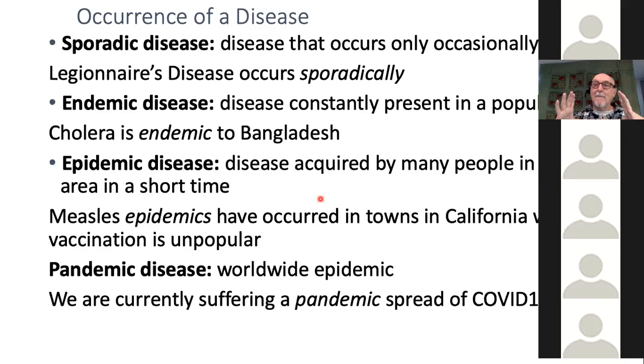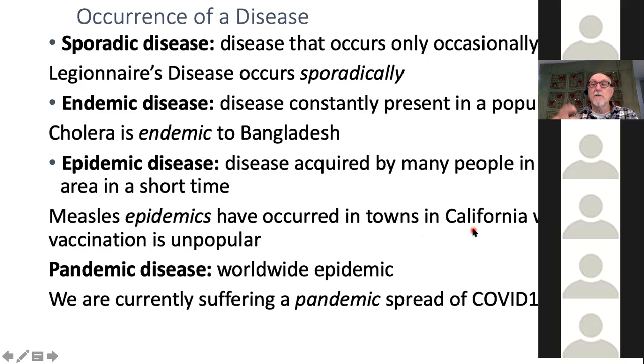An epidemic is usually described by geographic area, by country, maybe by town, maybe even by school or something like that. You'd say there's an epidemic when numbers suddenly increase above what you would normally expect. So, for example, we would say that measles epidemics are becoming increasingly common in towns where, for example, vaccination is unpopular. This is a specific thing.